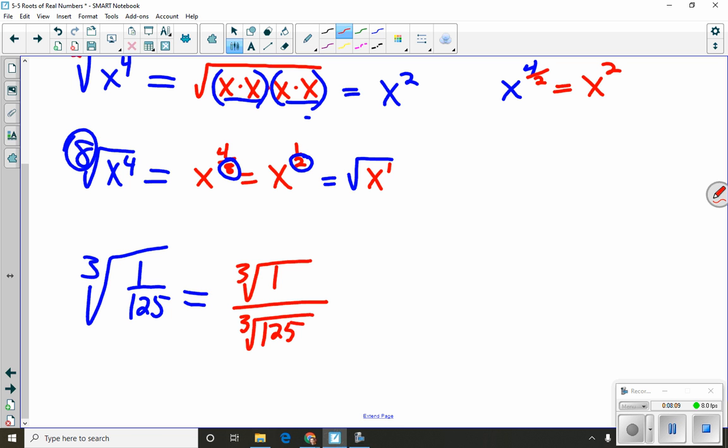So what times itself, that's 3 times, makes 1? Well, 1 times 1 times 1, that would be a 1. What times itself makes 125? Well, earlier we talked about this. That is a 5. And so you can break these up over multiply and divides, and fractions are nothing more than divides. We'll talk about this a little bit more in the next section also.